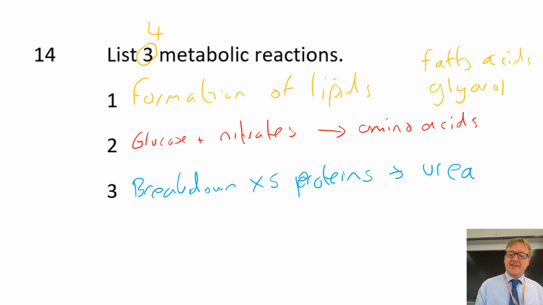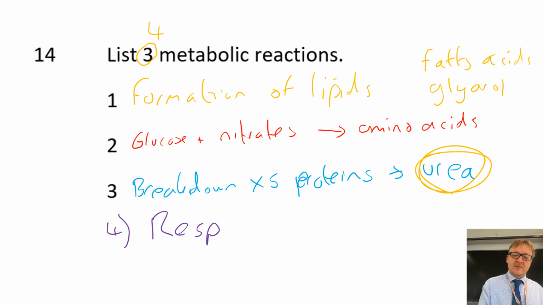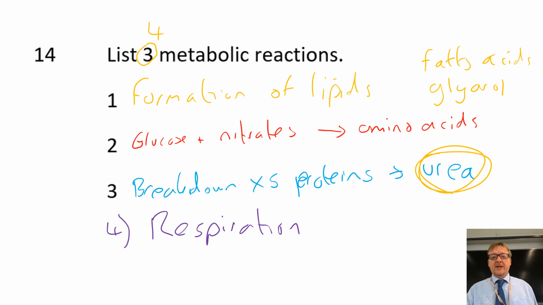Now urea is the yellow stuff in your wee, okay, that's urea. So when proteins get broken down, it makes urea, which is one of your waste products. And we've also got a fourth one, which is probably the most important one of all, that I should have included, which is respiration. Okay, they are 4 metabolic reactions.